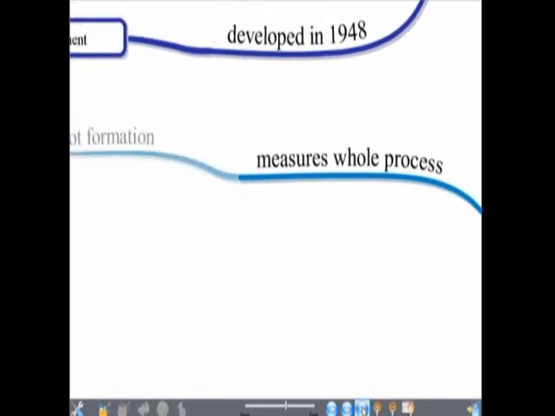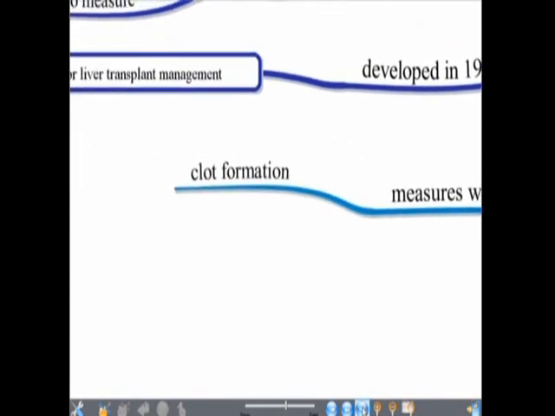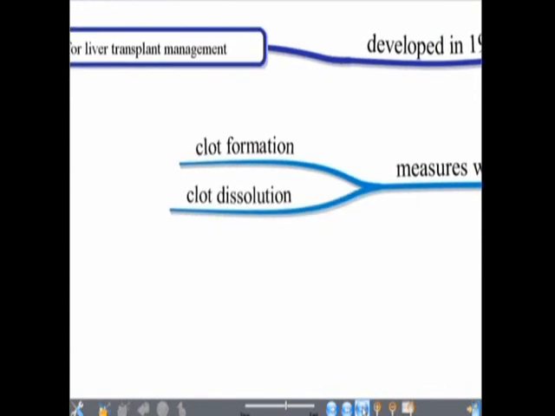They measure the process of clot formation and clot dissolution. That means that they not only give a graphical representation of how the clot is forming, but they also give an indication of how long that clot is likely to hold, the quality of that clot, and when that clot actually dissolves.